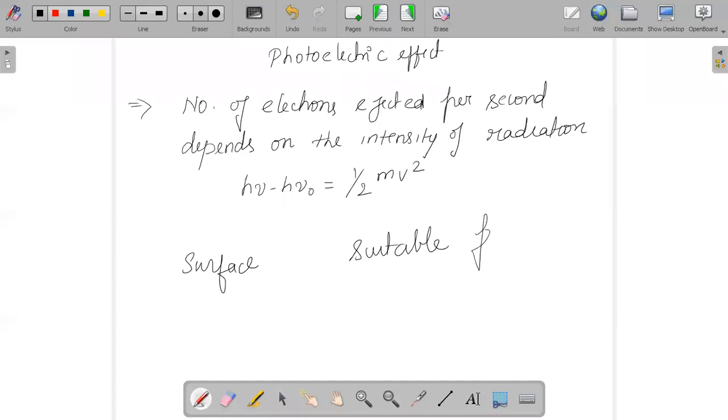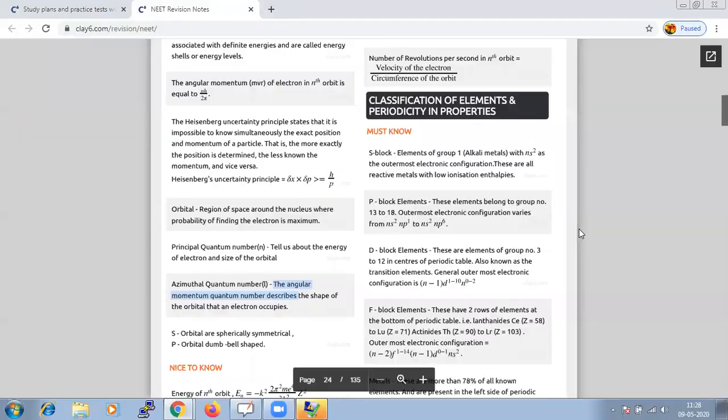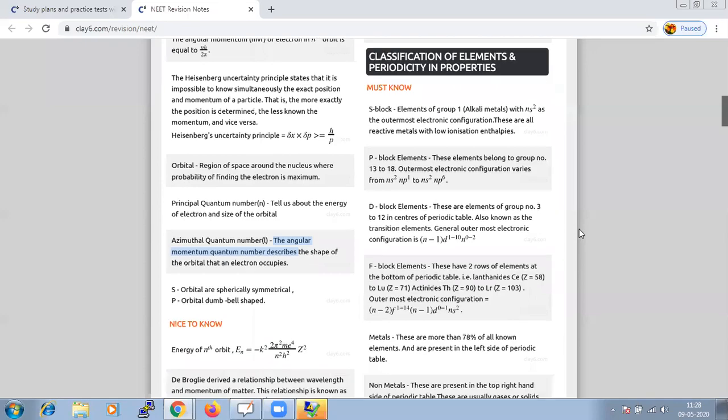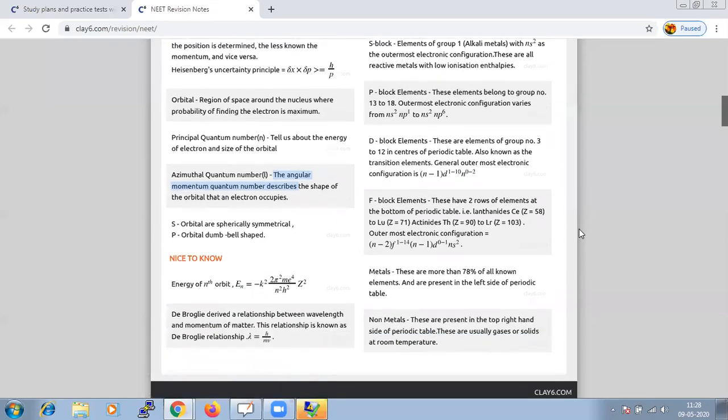When it has suitable frequency, then only electrons can be ejected. And the minimum frequency which you will require for ejection is what you call the threshold frequency.